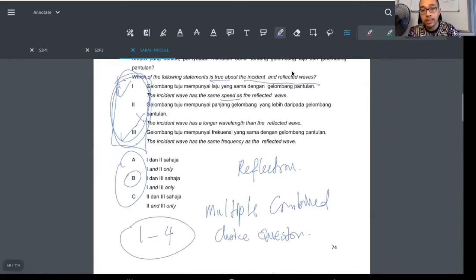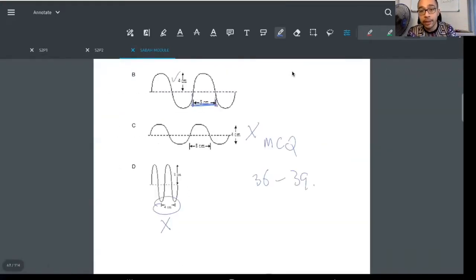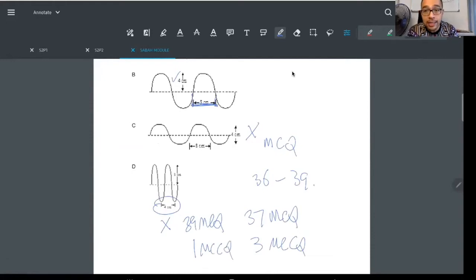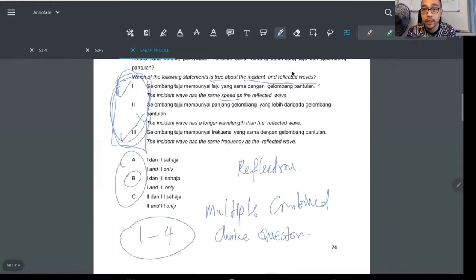So if there are 37 MCQ, there will be 3 MCCQ. If there are 39 MCQ, there will be 1 MCCQ. Definitely at least 1 MCCQ like this. I think in your trials there were 3 or 4 MCCQ questions. So just take note of this.